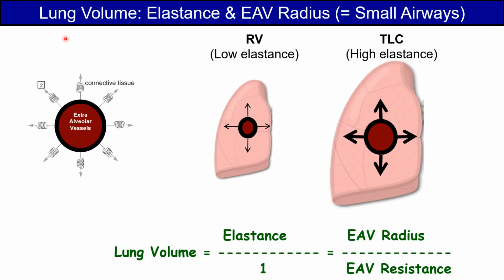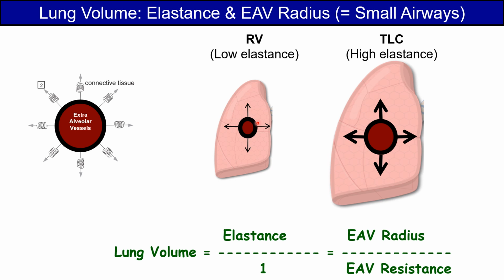So let us now study the relationship between lung volume, elastance, and extra-alveolar vessel radius. You will notice that the relationship between lung volume and extra-alveolar blood vessel radius is similar to that between lung volume and small airways. So this is the extra-alveolar blood vessels. As I mentioned, it is dependent on the elastance tethering effect on the extra-alveolar blood vessels. We mentioned that the greater the lung volume, the greater the lung elastance.